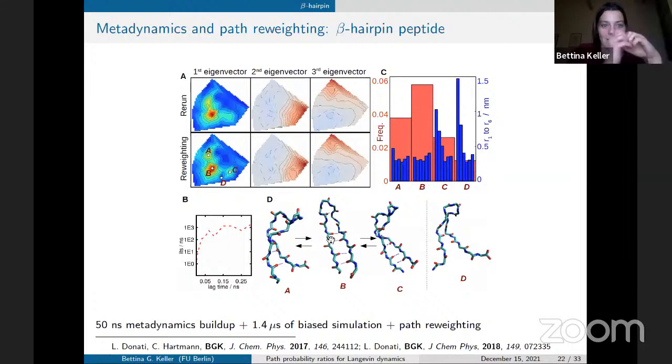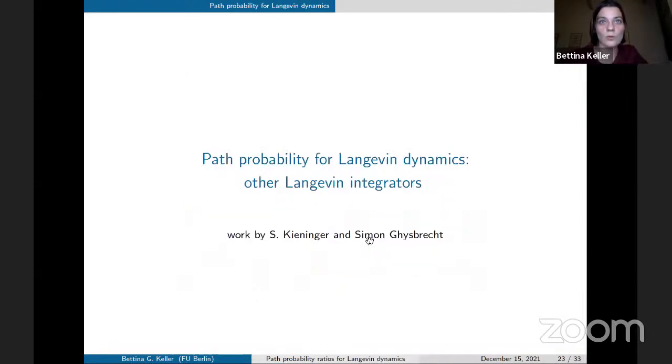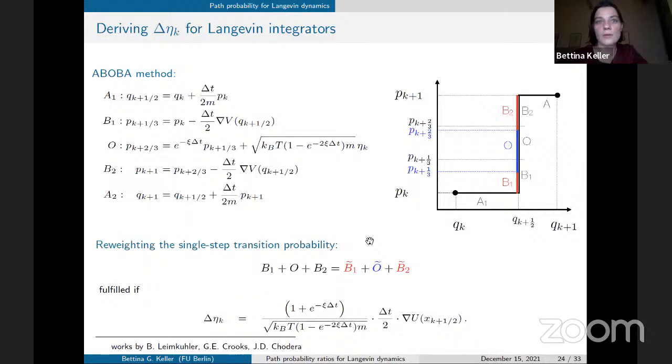So well, we constructed three one-dimensional metadynamics biases using Plumed. We didn't sample the whole cube, not the three-dimensional system, but we had three one-dimensional biases. And then to reweight this, what you need to have is the gradient of the bias.